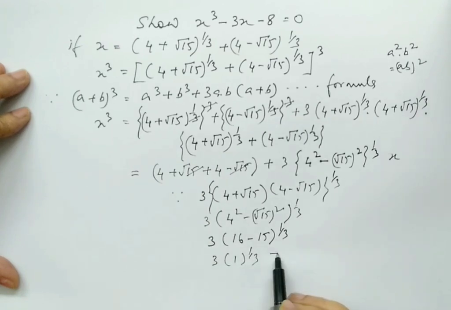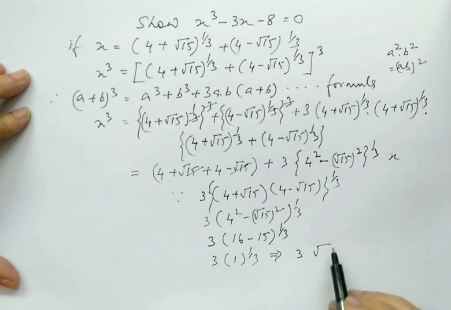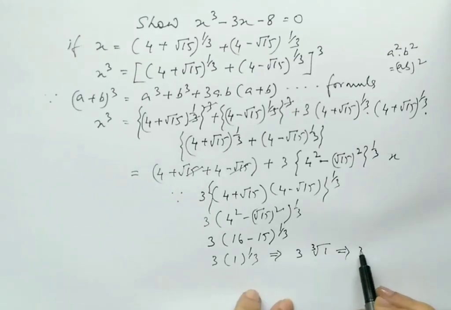Can we write for this 3, and here 1, and again we can write for this 1 into 1 into 1, because it doesn't alter the value of 1.